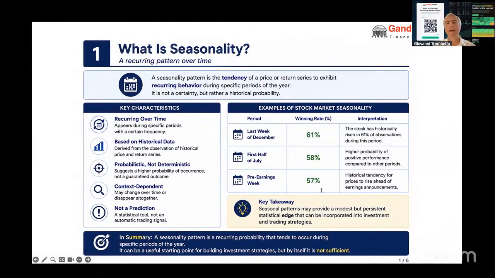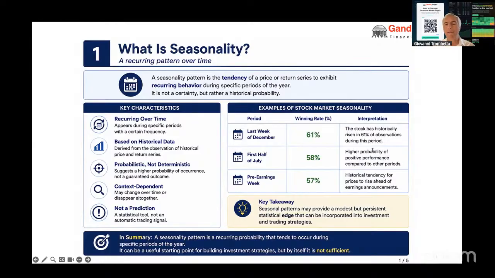Therefore, seasonality alone is rarely sufficient to build a robust strategy, and with Fabio we will deepen this aspect together. Seasonality can provide a useful statistical edge. The challenge is transforming that weak edge into something economically meaningful and robust, if possible.